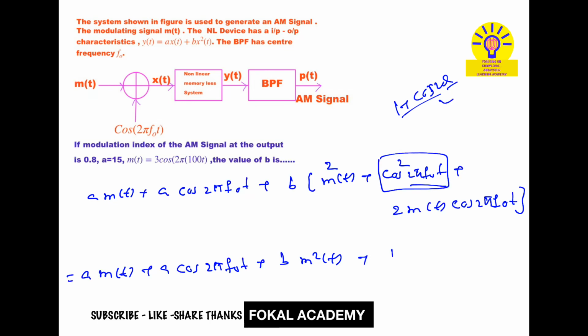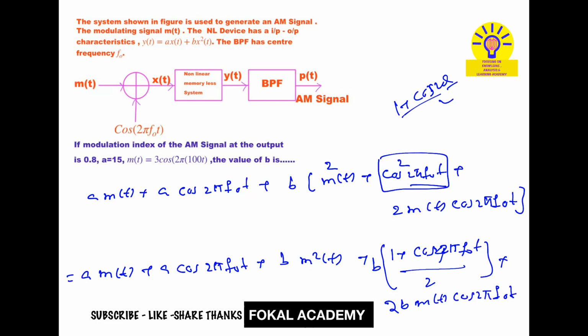From that we get b·(1 + cos(4πf₀t))/2 + 2b·m(t)·cos(2πf₀t). So this is the y(t) signal.